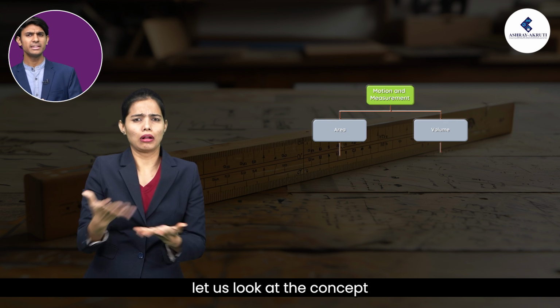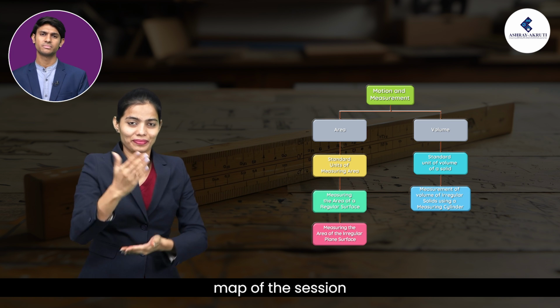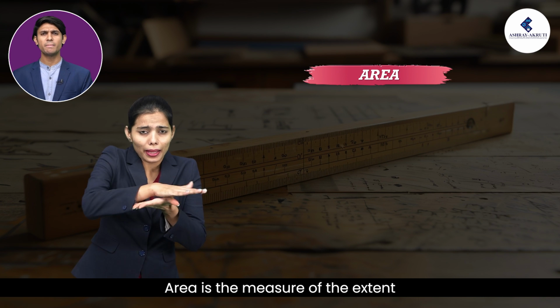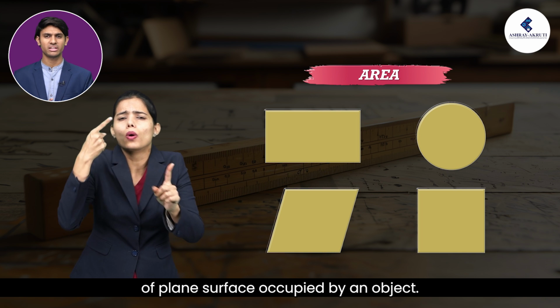Before starting, let us look at the concept map of this session. Area is the measure of the extent of plane surface occupied by an object.